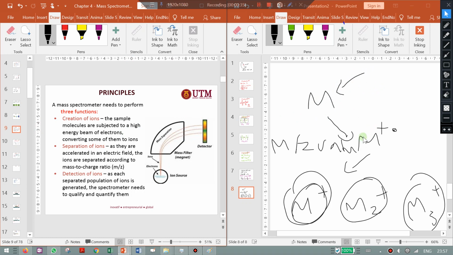The radical cation is not stable, so it may produce fragmentation. It will produce a few fragment ions as well as the molecular ions. Then they will spread during the mass analysis process.